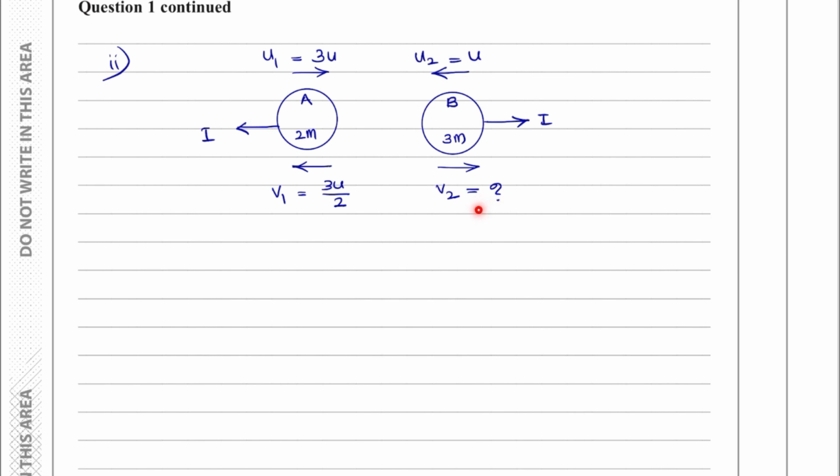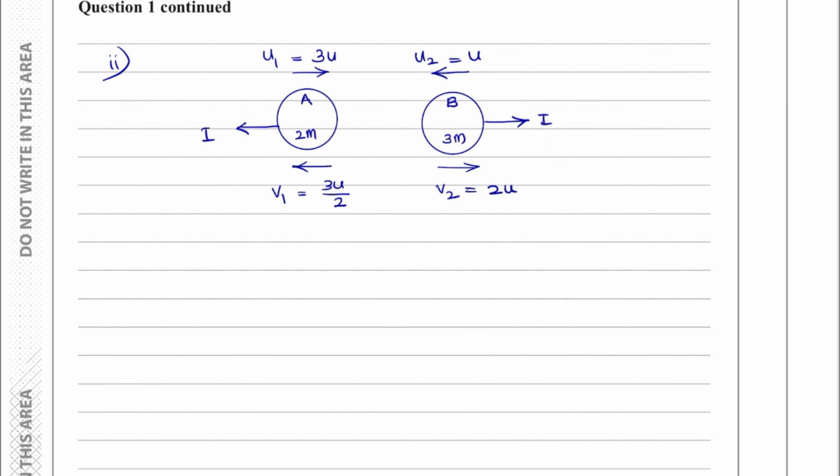Now the final velocity of B, we already calculated, that is 2u. Now we need to find the impulse. So this I is the impulse on A and this I is the impulse on B, and these impulses should be the same.